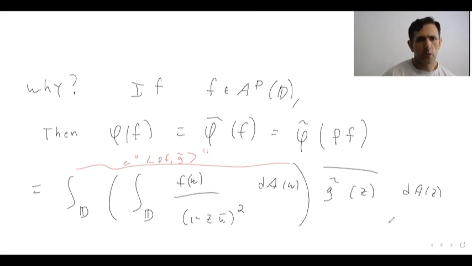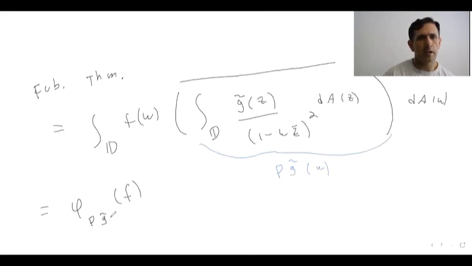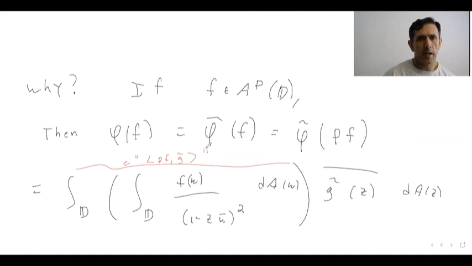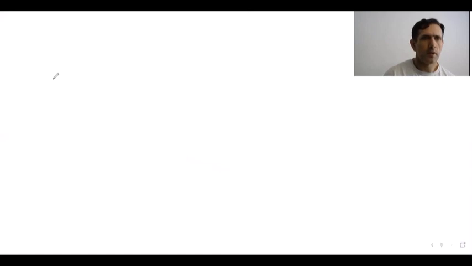So what we've proven is phi is given by phi P G tilde. And we crucially needed f in AP so that this Bergman projection applied to f gives us just f back.